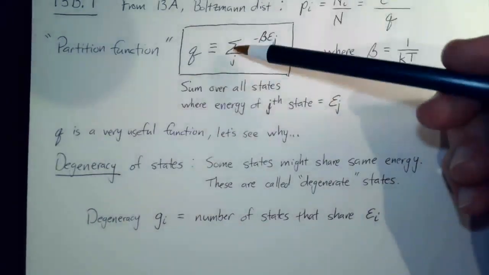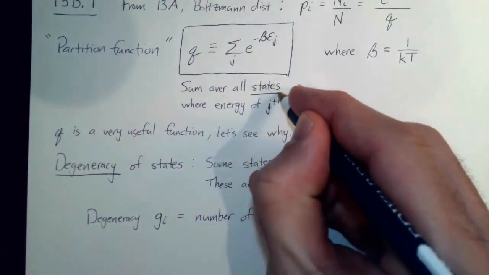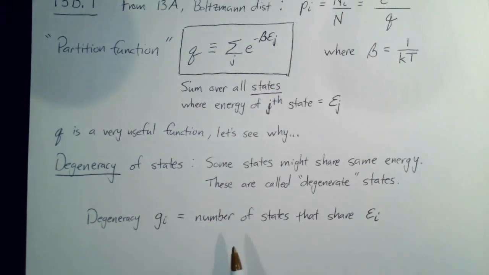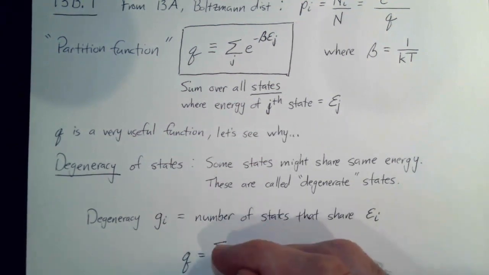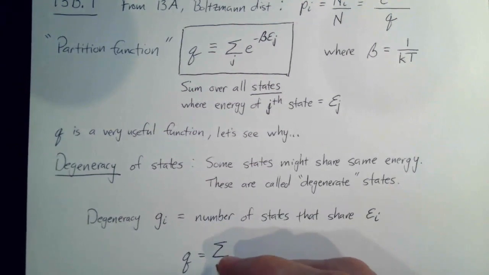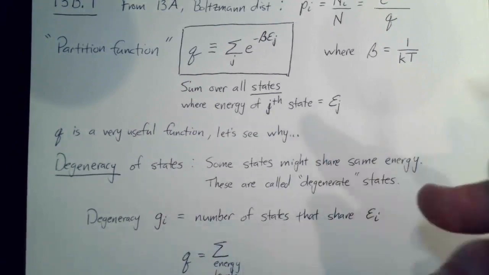Notice that Q up here is a sum over all states. If we wanted to sum over all possible energy levels, we have to take into account that some of those energy levels may have multiple states in them. So with the degeneracy defined, we can write Q as the sum, this time over all energy levels instead of all states. We'll label the energy levels with j, just like we did with the states.